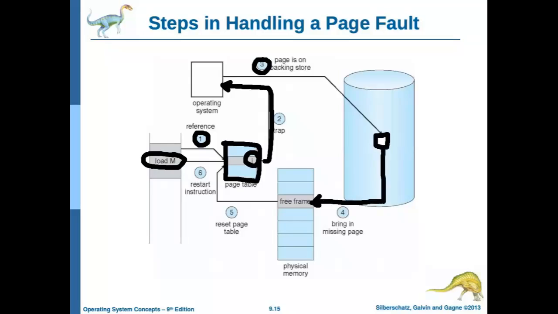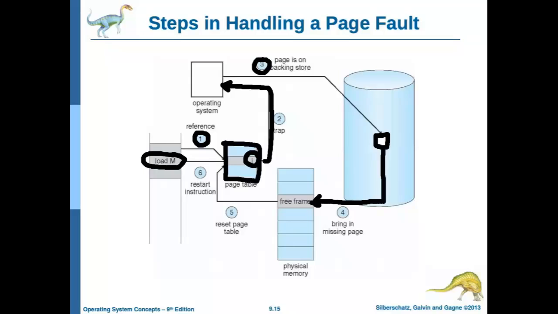Then a few more steps are required: you need to select a victim process, and a few pages of that process must be swapped out in order to create a free frame. Assume that the free frame is already available, so the missing page will be taken from the backing store, that is your disk, into memory.